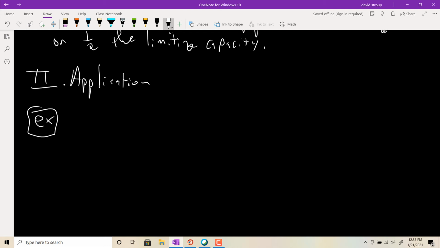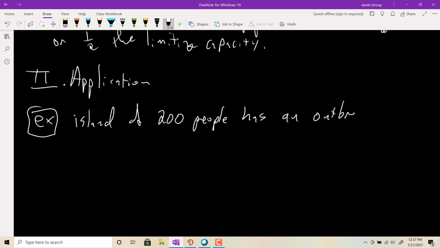So let's say we have an island of 200 residents, 200 people, that has an outbreak of zombies. Basically, a government plane crashes and it's carrying this virus that turns people into zombies, and when it crashes, 25 people go to the scene and they all get infected.